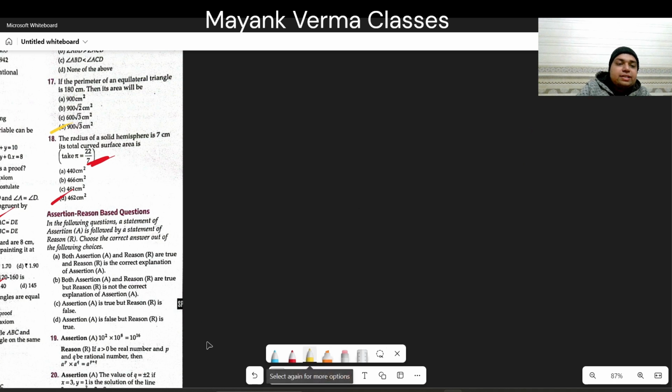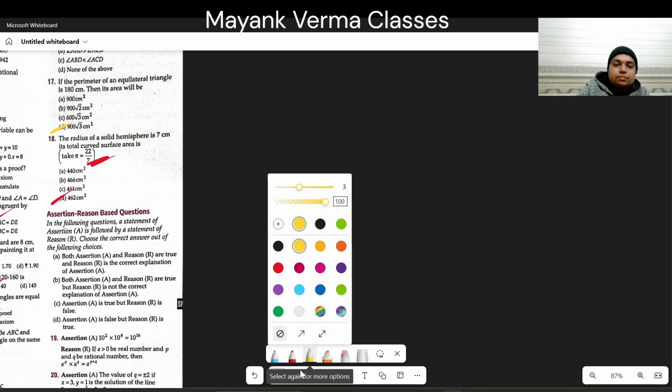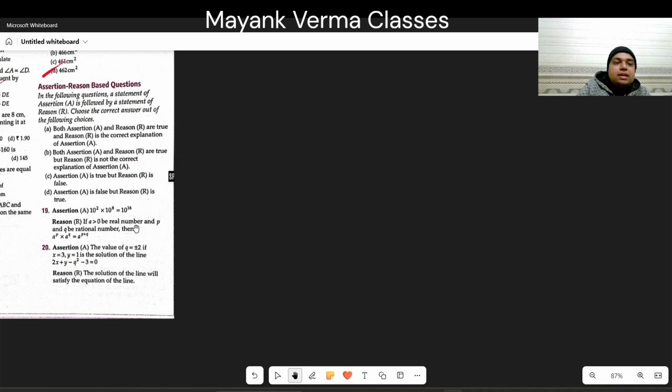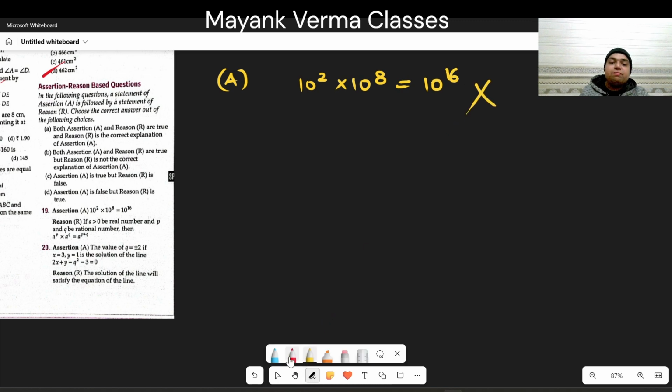So let's see the 19th. The assertion is saying that 10 to the power 2 times 10 to the power 8 is equal to 10 to the power 16. This is totally incorrect. Why? Because if the base is the same, powers will get added. 2 plus 8 will be 10. 10 to the power 10 it should become, not 16. Right? So this is incorrect.